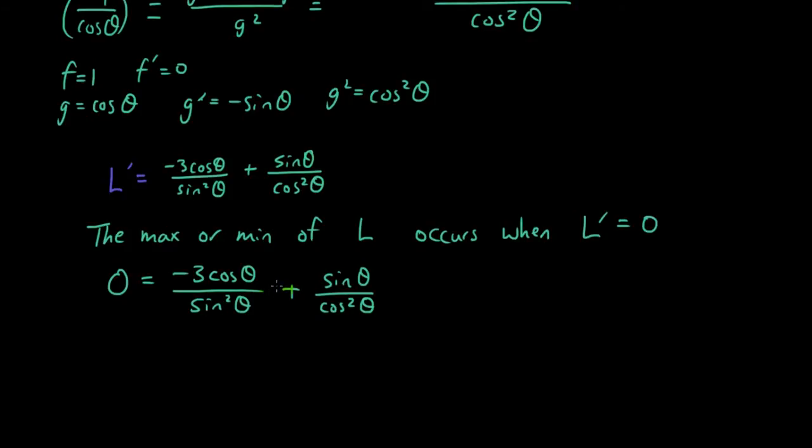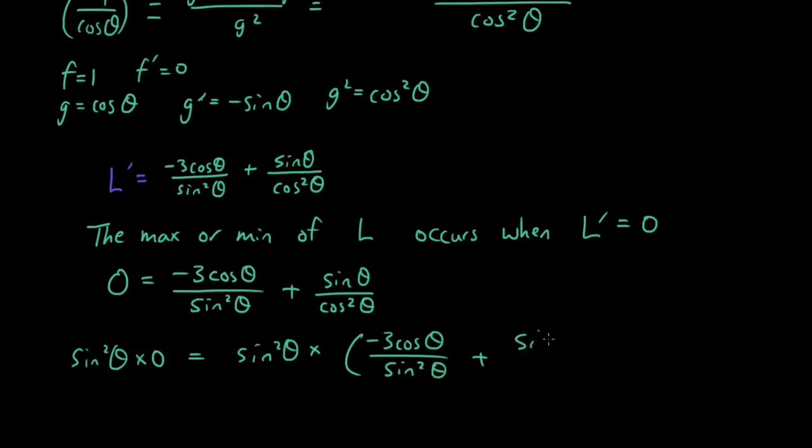That sounds pretty difficult, but let's find an easier way. The first thing I'm going to do is multiply both sides by sine squared theta. So sine squared theta times 0 equals sine squared theta times negative 3 cos theta over sine squared theta plus sine theta over cos squared theta.